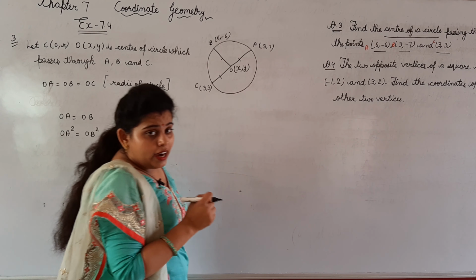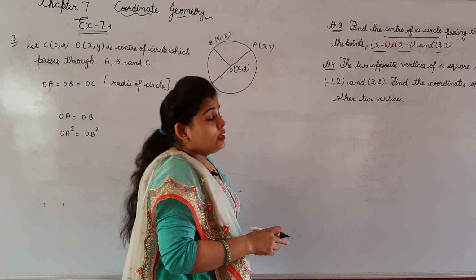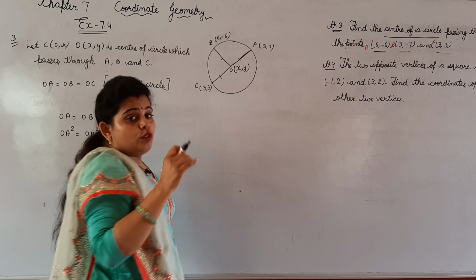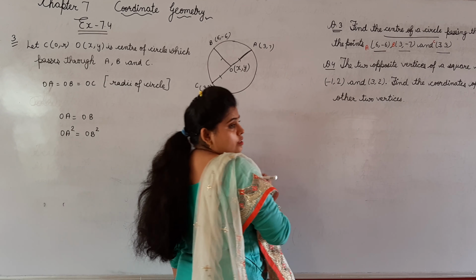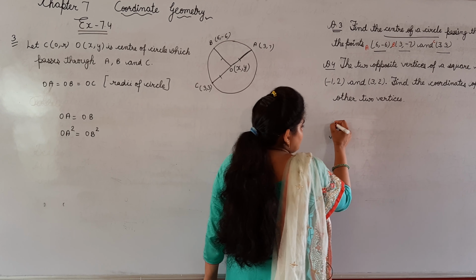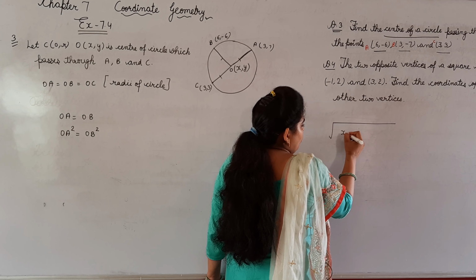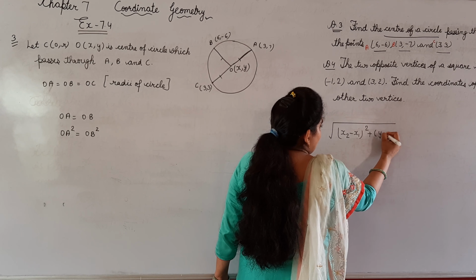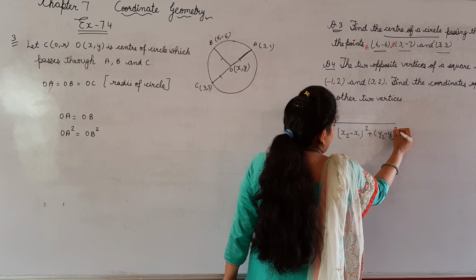Then how we will find these OA and OB? Two coordinates are given and we have to find this distance. So for this we will use distance formula. And what is distance formula? Square root of x2 minus x1 whole square plus y2 minus y1 whole square.